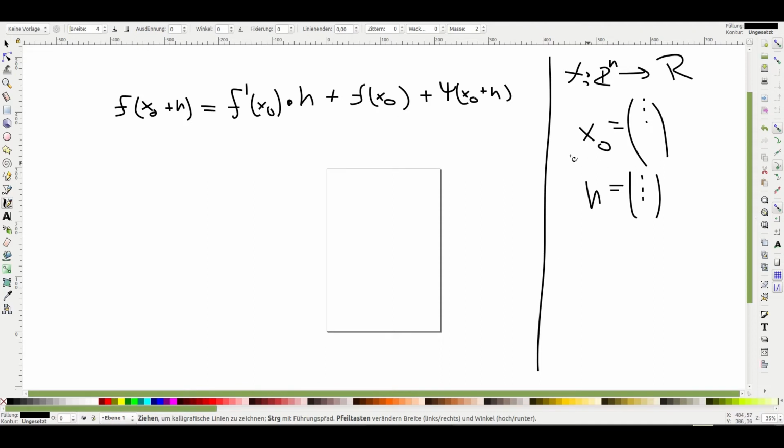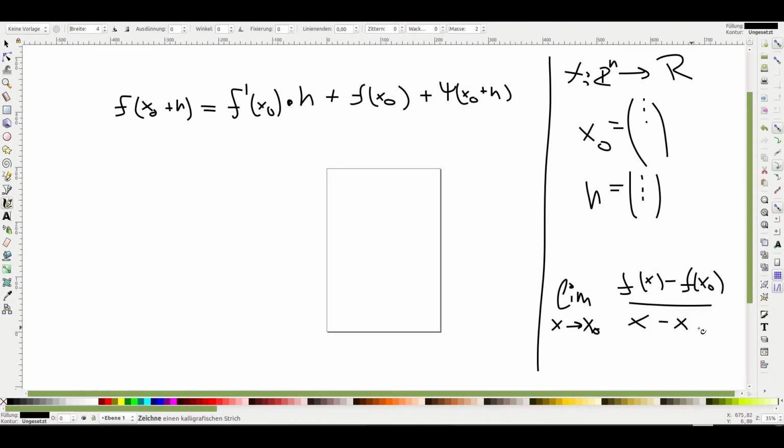Now, in the case that x0 and h are vectors, the limit as we let x go towards x0 of (f(x) minus f(x0)) over (x minus x0) is not defined, because the division of two vectors is not given. Alright, so like I said, we have almost here the total differentiability of a function.